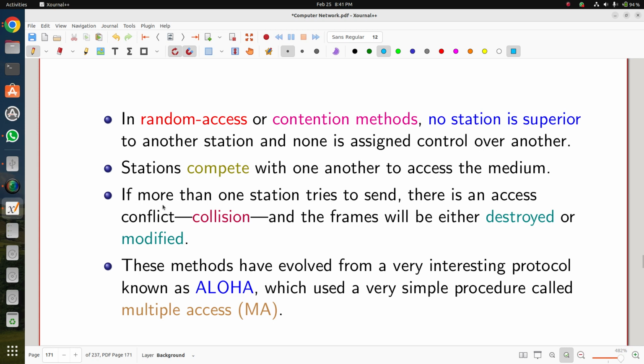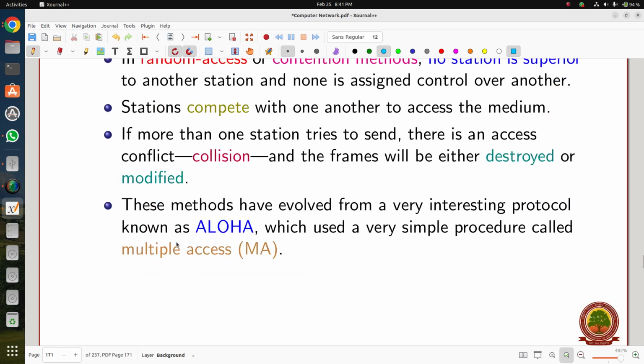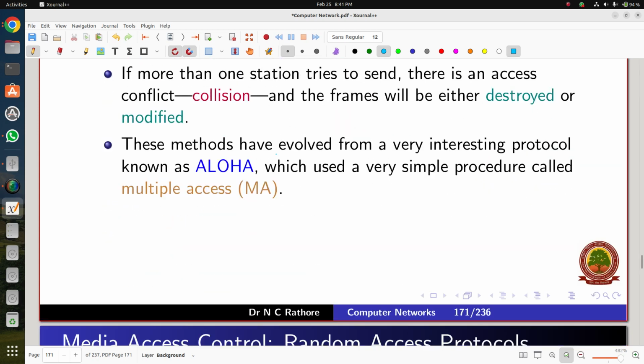Now obviously suppose this is a broadcast channel and these are the nodes that want to transmit. Since this is a channel, everybody is competing. So it may be the case that two stations start transmitting at the same time, and their signals get mixed up.